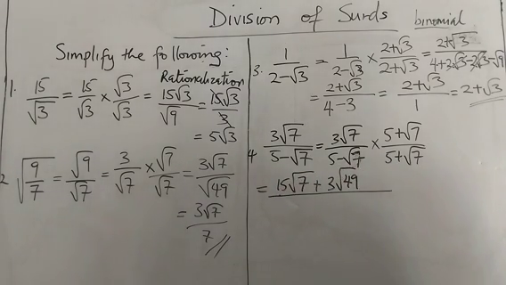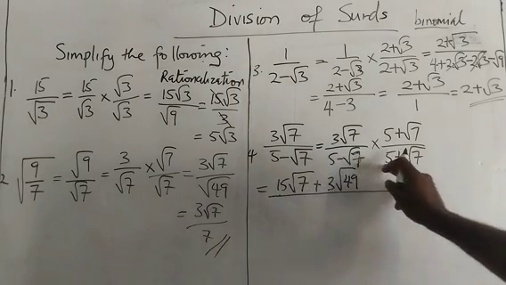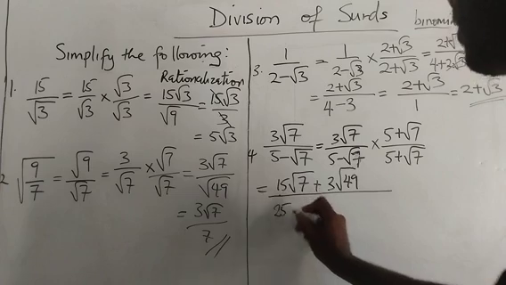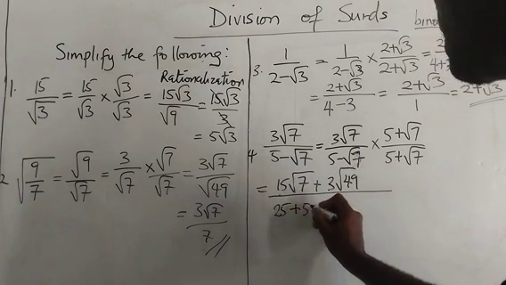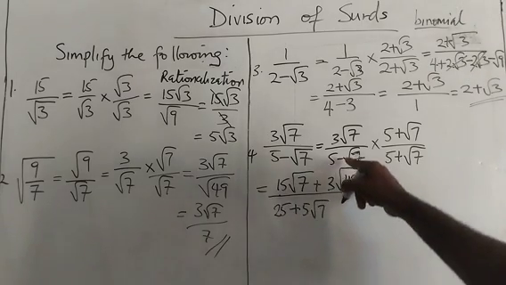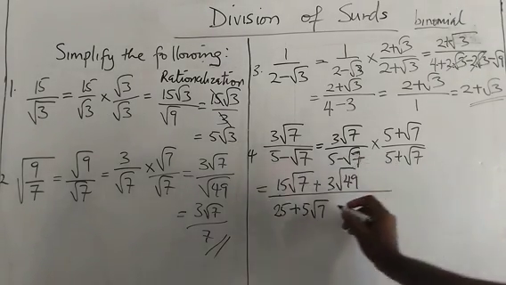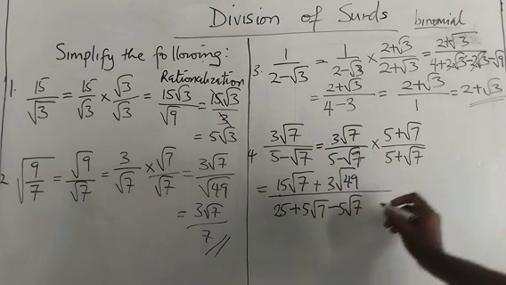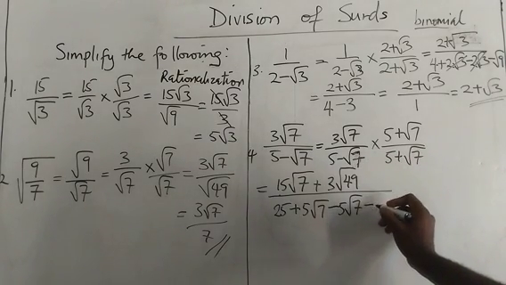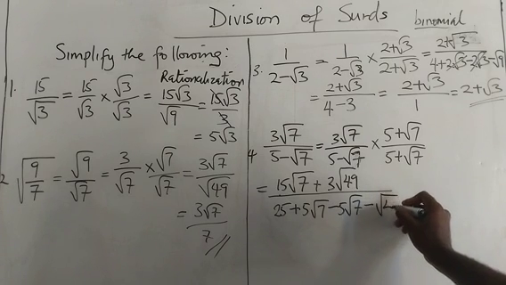All over 5 times 5 will give you 25. 5 times root 7 will give you 5 root 7. Minus root 7 times 5 will give you minus 5 root 7. Minus root 7 times root 7 will give you minus root 49.